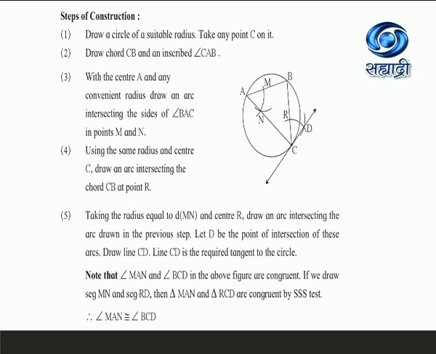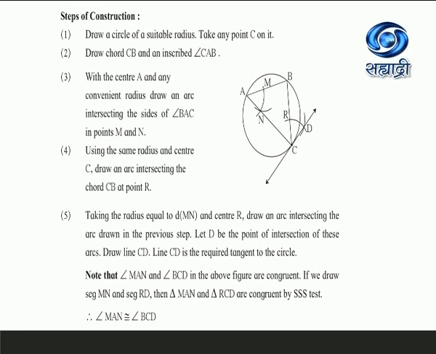With center A and any convenient radius, draw an arc intersecting sides of the angle at points M and N. Using the same radius and center C, draw an arc intersecting chord CB at point R. Taking the radius equal to distance MN and center R, draw an arc intersecting the arc drawn in the previous step. Let D be the point of intersection of these arcs. Draw line CD. Line CD is the required tangent to the circle.